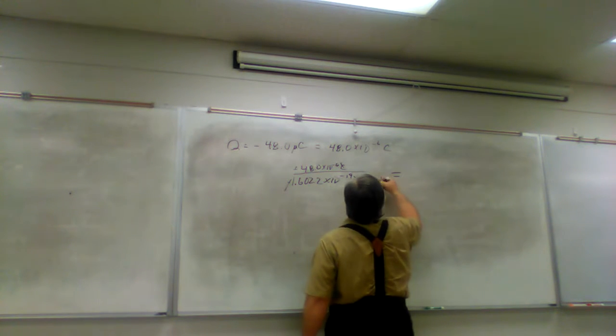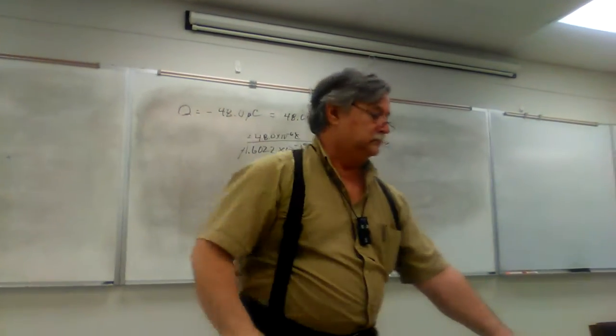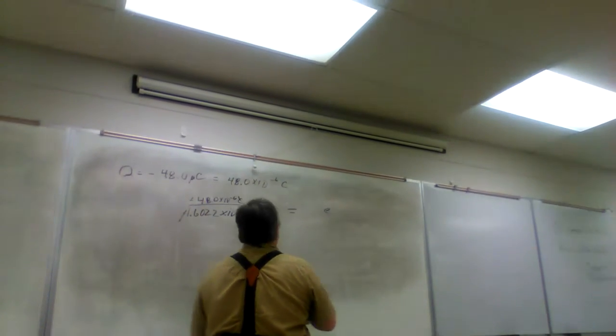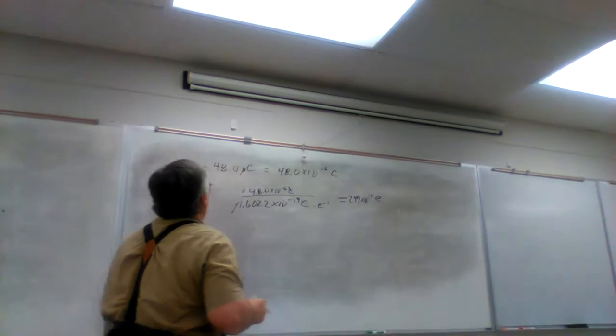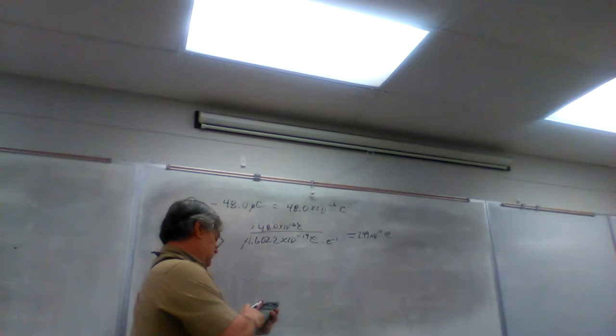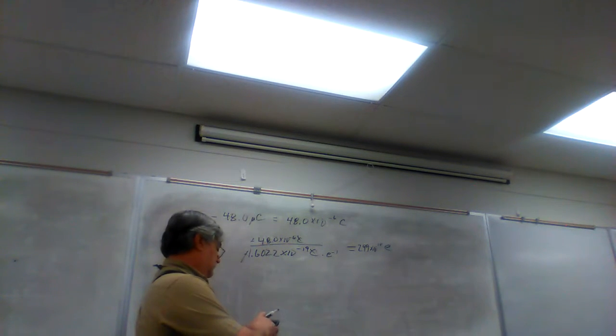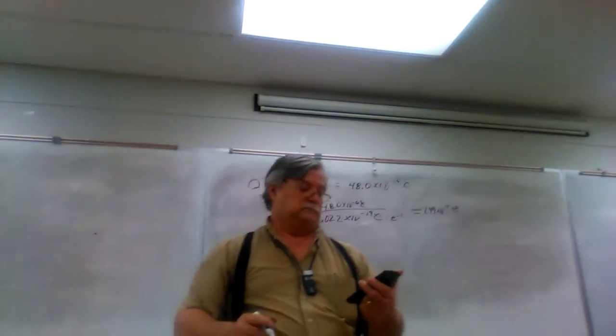The coulombs cancel, the 1 over electrons becomes your unit, and that gives you how many? You actually round it.